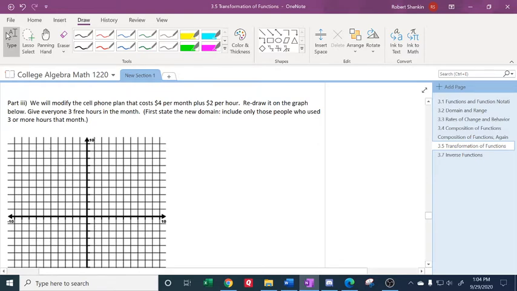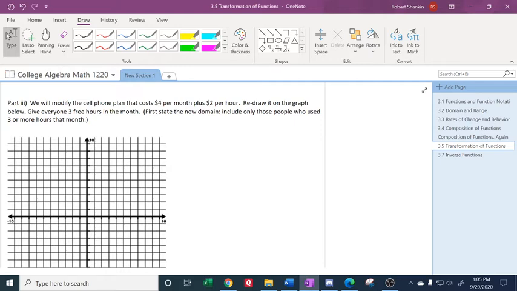So this won't be really applying to people who use less than 3 hours in a month. We'll assume that everybody uses 3 hours or more a month.